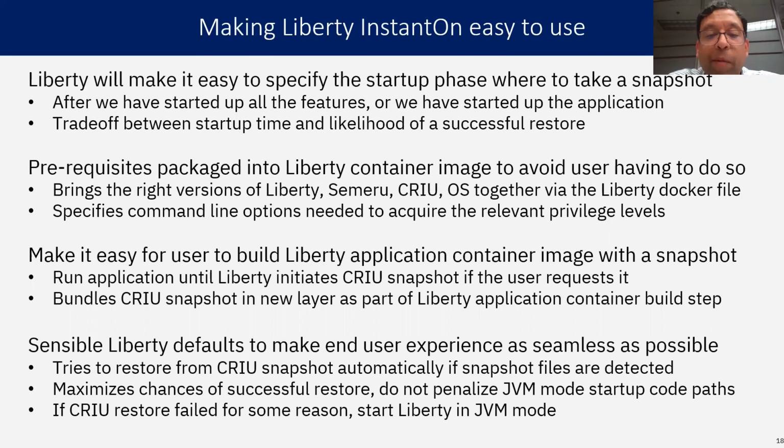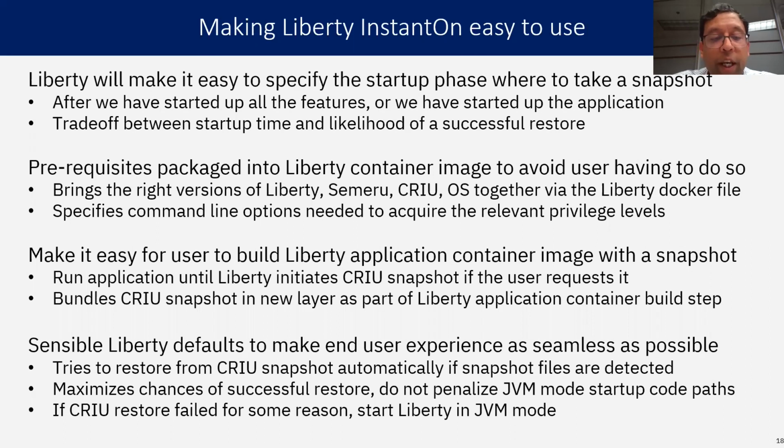You have your application image. What you have to do is start that application and specify the phase at which you want a checkpoint to be taken, and you produce the checkpoint file. You bundle it up and you add another layer with that snapshot file added in to your application container image. So fairly straightforward, just add another layer on top of what you're already doing, essentially.